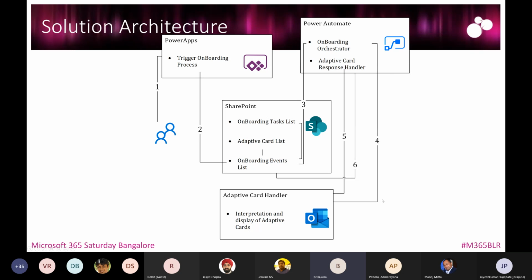So this is number 4, and it will send the adaptive card in an email to a specific person, to the specific custodian of the corresponding task. Outlook will interpret the adaptive card and will display a form, for example.